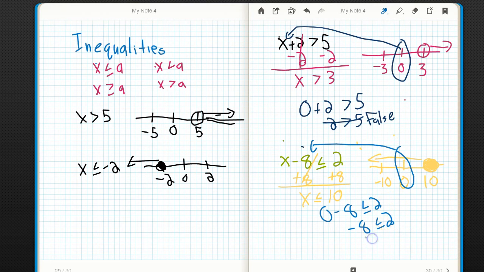This is true. So now, is 0 included in the side we're going to? The answer is yes, right? The arrow goes to the left, and 0 is to the left, so it is correct.